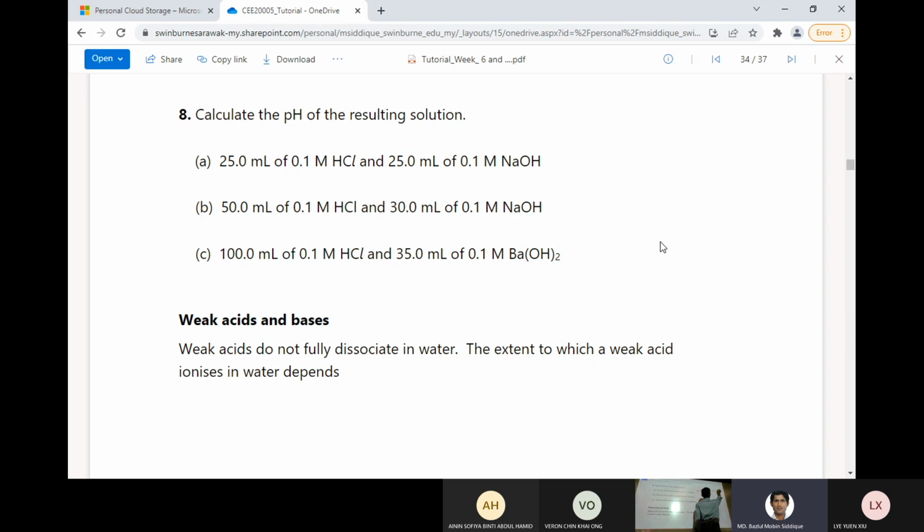NaCl, this is table salt, and H2O. It's the easiest reaction in chemistry. So we are producing sodium chloride and water here, and we added 25 milliliter of 0.1 molar of each.